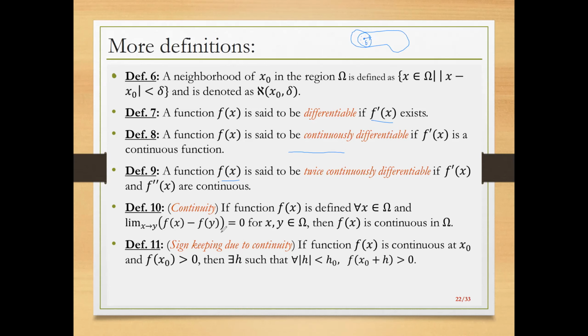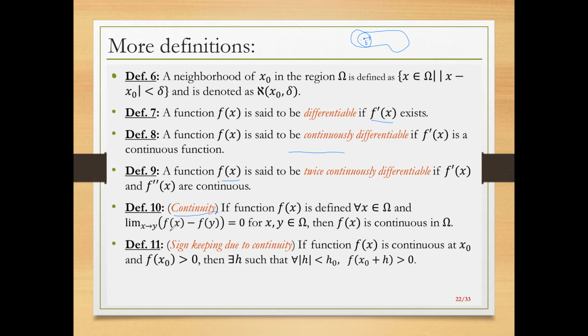Now, continuity of a function. What is the meaning of continuity? We need to define this, and I'll explain it in a figure on the next slide. We have a function f of x such that for every x in the feasible set, there exists some value f of x.